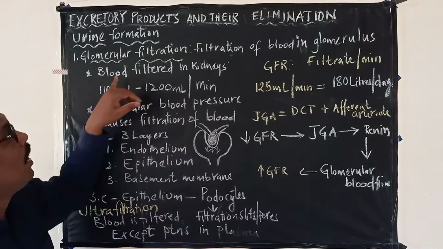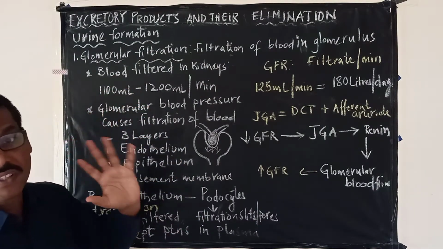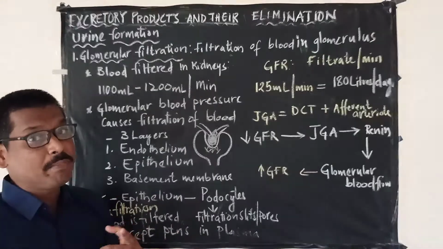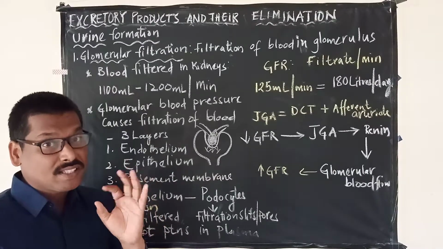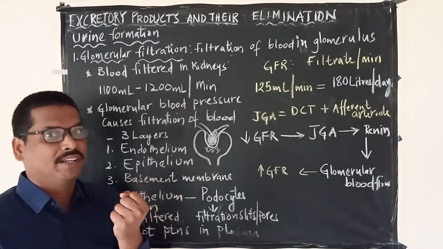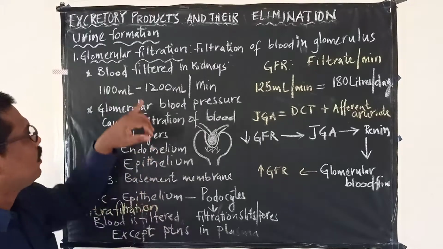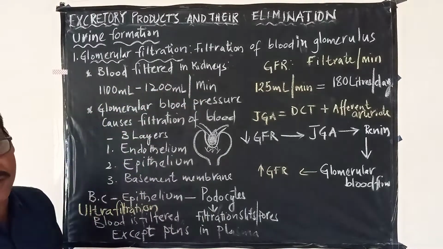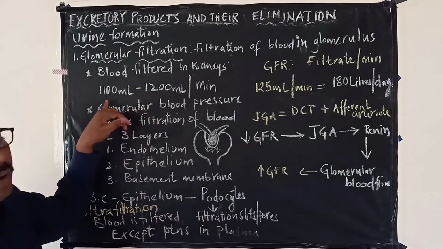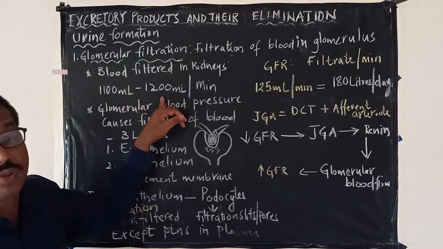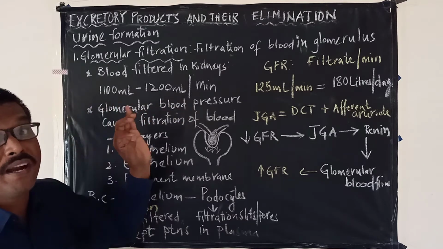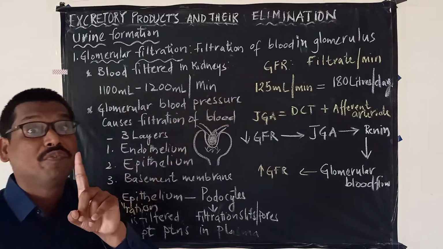Glomerular filtration. Here blood is filtered in the kidneys. We should remember this point, that kidneys are involved in filtering the blood. And we have to remember that about 1100 ml to 1200 ml of blood per minute will be filtered.